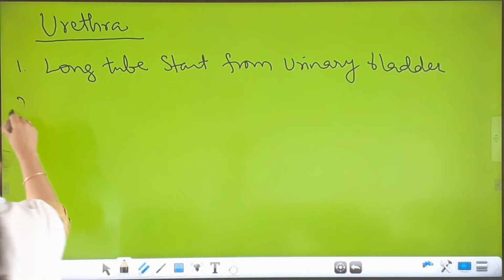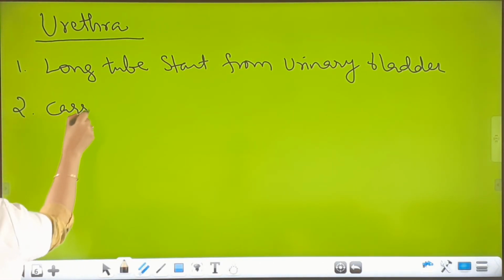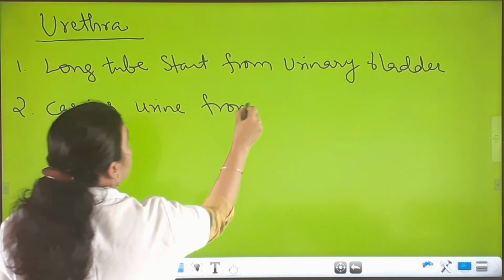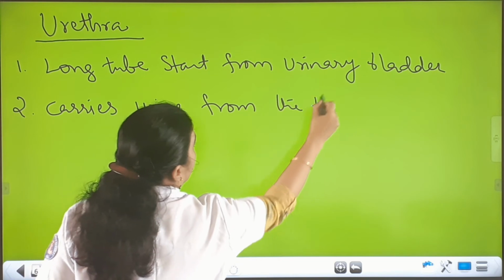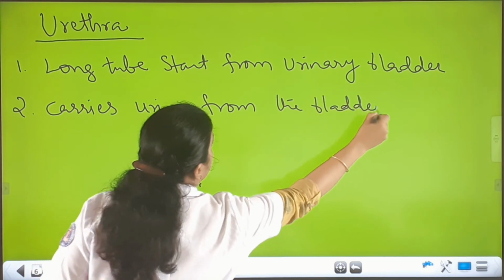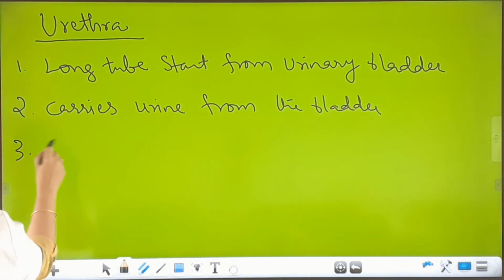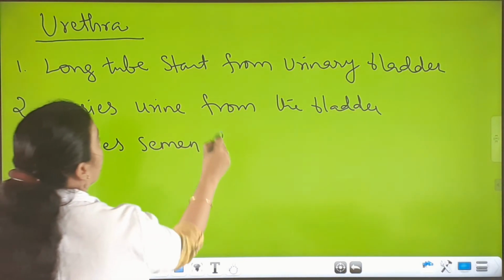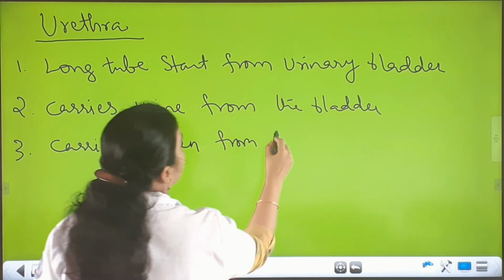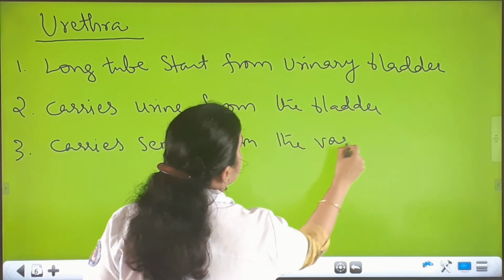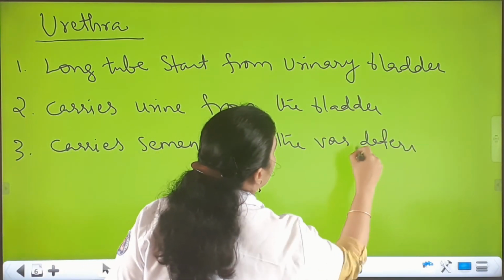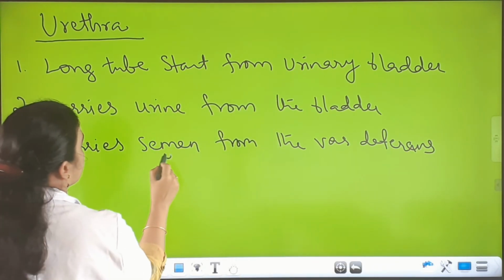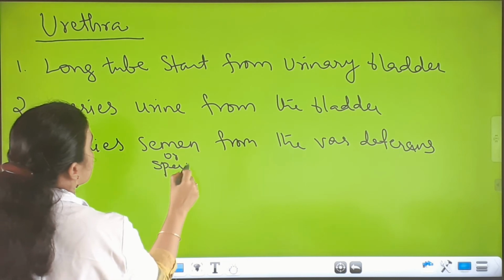It carries urine from the urinary bladder, and it also carries semen or sperm from the vas deferens, because it connects with the vas deferens.